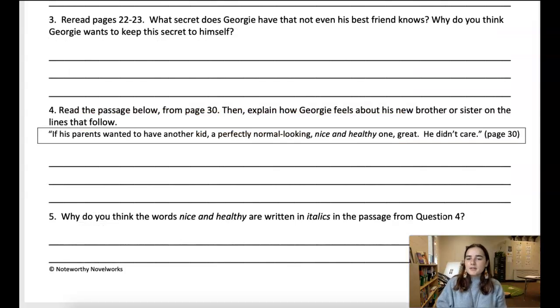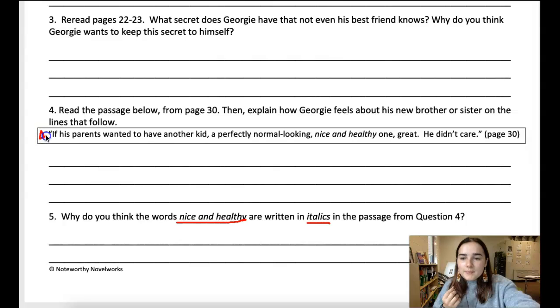Okay. Why do you think the words "nice and healthy" are written in italics in the passage from question 4? When a word is written in italics, it is slanted, like we see right here and here. When we write words slanted in italics like that, it means we're putting emphasis on that word. That's a really important word, and when we read it out loud, you put a little bit extra voice into it, a little oomph into it. So let's read this passage again from question 4.